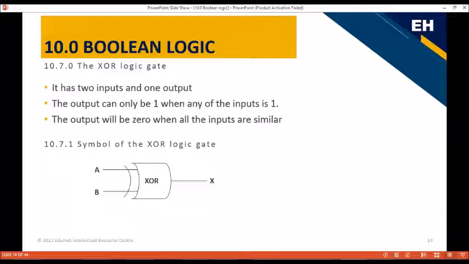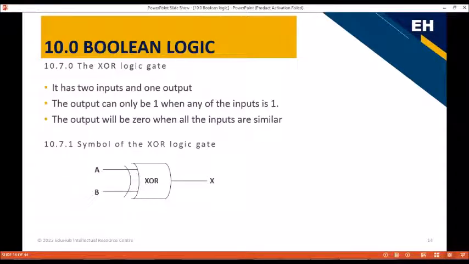The last logic gate we shall be learning for the purpose of this lesson will be the XOR logic gate. The XOR logic gate can also be written as the EOR logic gate, which stands for exclusive OR gate.